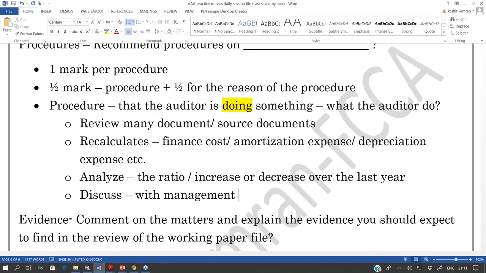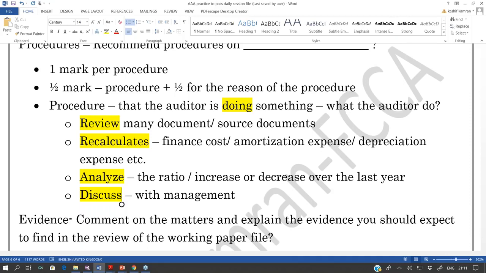The auditor reviews something, that's to do something. The auditor recalculates something, that's to do something. The auditor analyzes something, that's to do something. The auditor discusses something, that's to do something. So the focal point of a procedure is to do. And that has to be demonstrated by you as a student in the exam paper that your focal point is on the procedure.